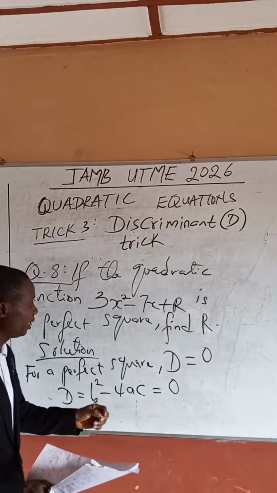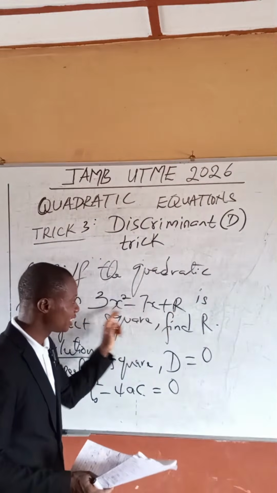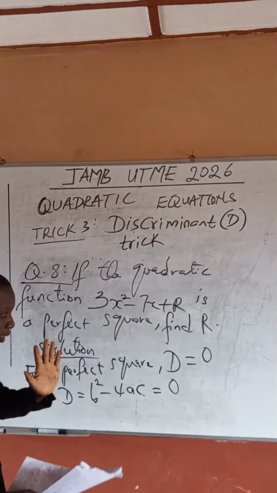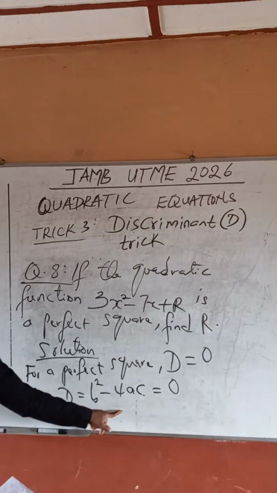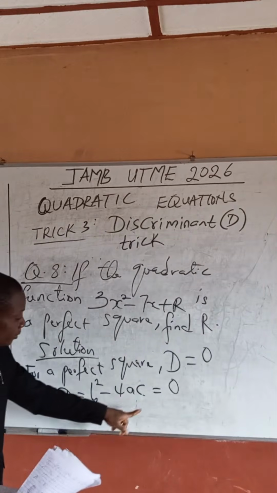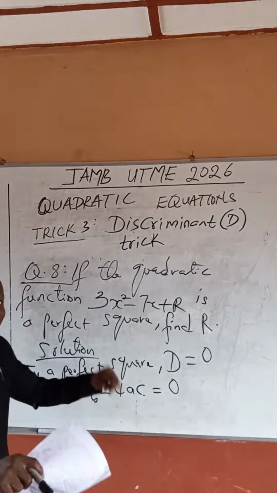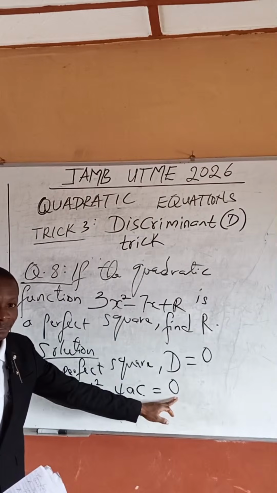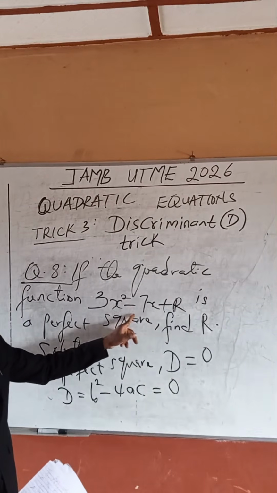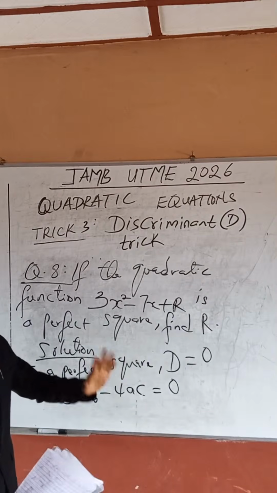So the question here is, what will be added here to make this expression a perfect square? So what is the discriminant? If you look at the quadratic formula, this expression is inside the square root, and when this expression is equal to 0, then the quadratic expression will be a perfect square.